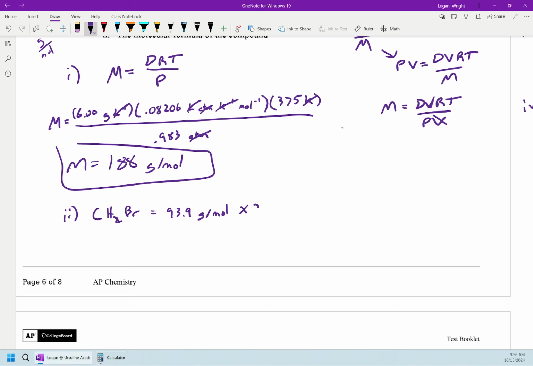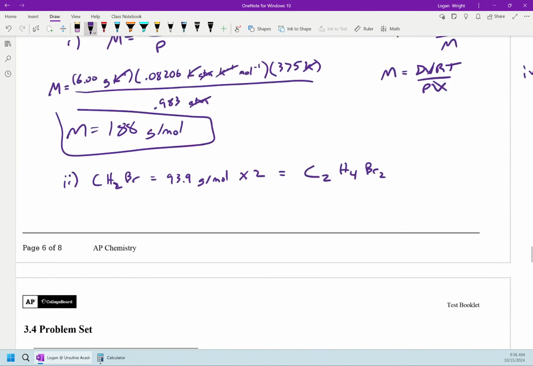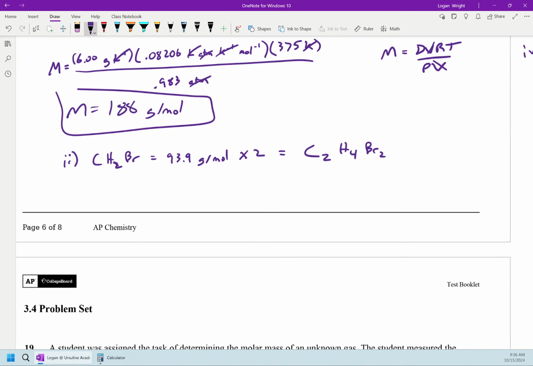So I need to multiply everything by 2. C2H4Br2. My original empirical formula told me that my hydrogen is supposed to be twice as much as my carbon. My bromine is supposed to be the same as my carbon. That's correct. But this configuration would give me the correct molar mass.